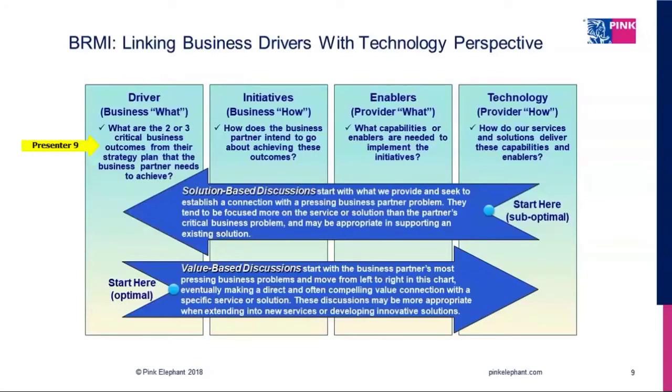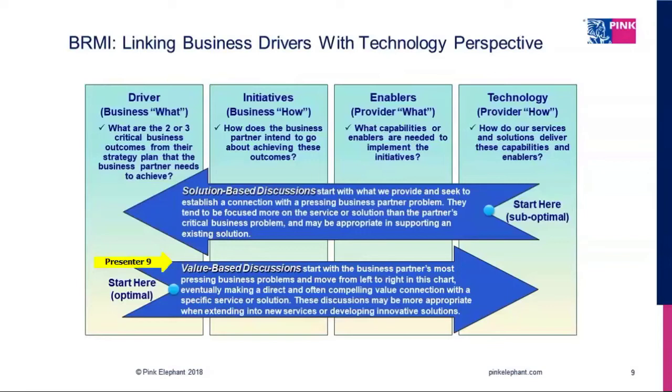So we want to take the normal sort of technology and service discussions, which are most common for organizations, and go into new territory to talk about business process performance and business process achievement of business outcomes and strategies. And any new type of initiative should be a value-based discussion.